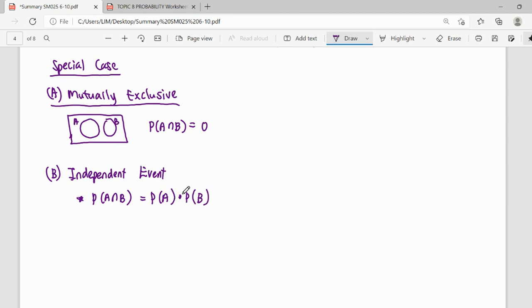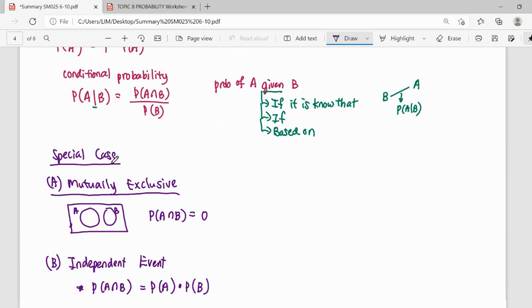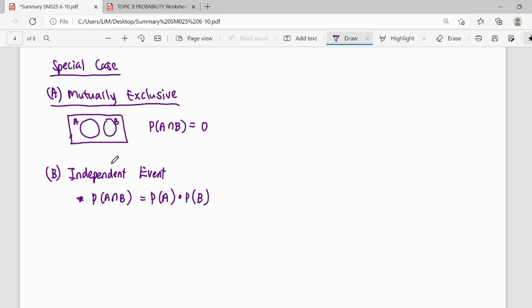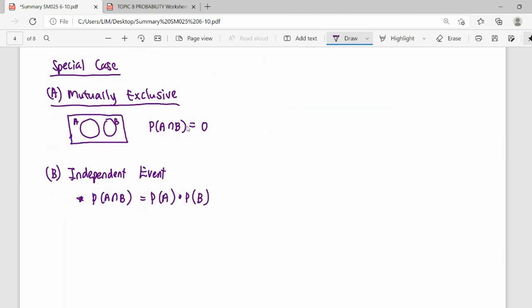You take the probability A times its probability B to represent its A intersect B. So without the situation of independent, you cannot use that. So you still need to find out where their intersection is. You have to find out what your B intersect A is. Find out from your tree diagram one by one. And then because your intersection is the product of multiplying event A and event B, it will affect our conditional probability result here. So from our conditional probability result, A given B, supposedly here is P(A intersect B) over P(B).